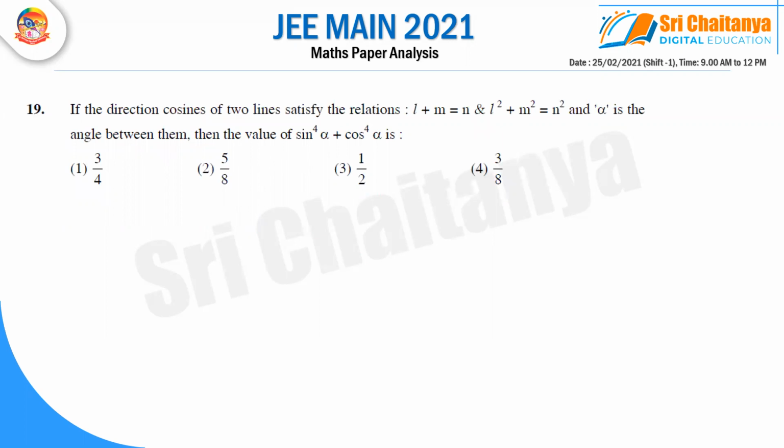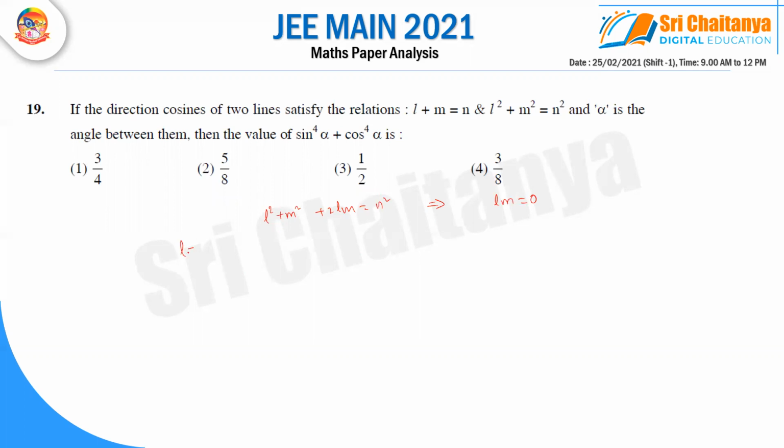Next, they gave direction cosines of two lines and the relations, if alpha is the angle between them. So here L plus M equal to N. When I do squaring on both sides, I get L square plus M square plus 2LM equal to N square. Using the other relation, I will get LM equal to 0.